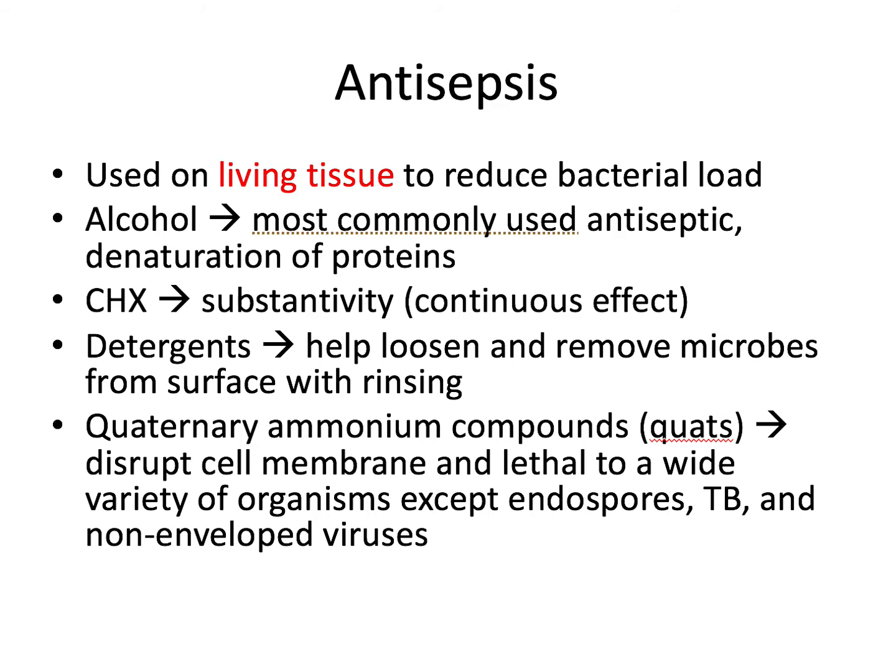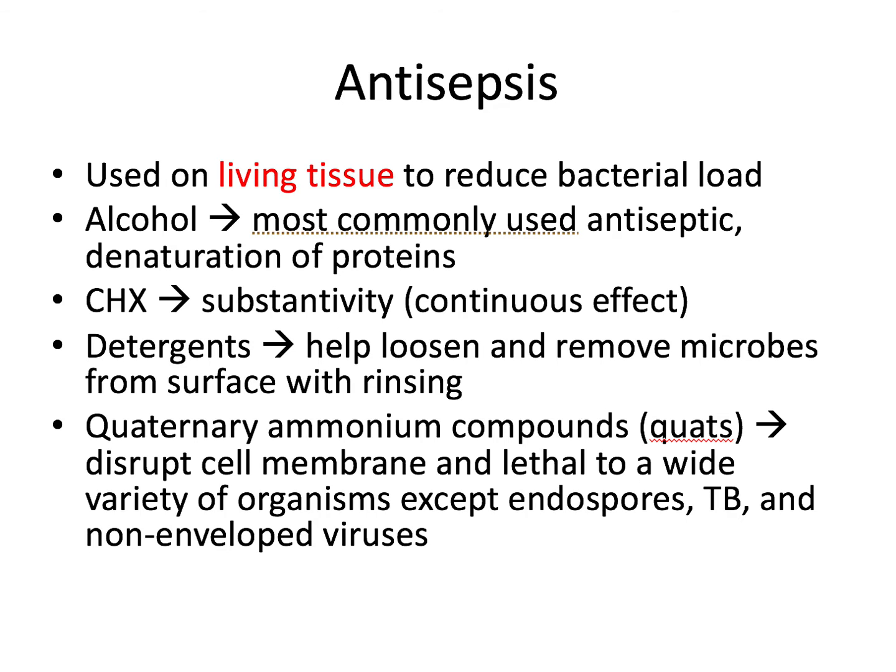And lastly, this is our third tier of cleaning, antisepsis. So antiseptics are used on living tissue to reduce the bacterial load. And these are, of course, not typically as potent as the other two methods.